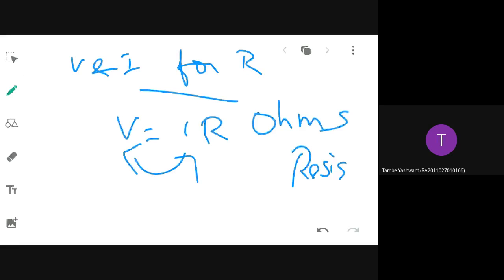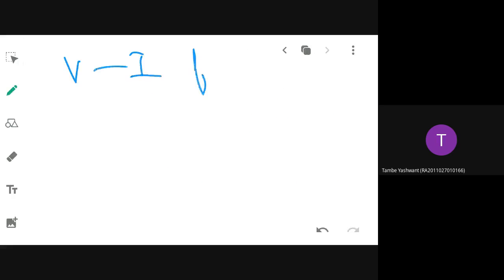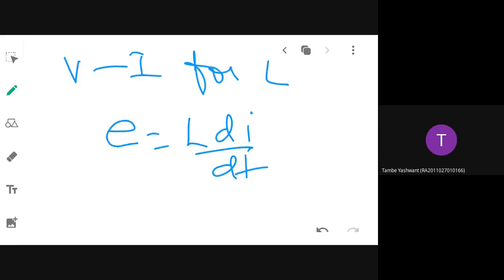Suppose, on the other hand, you want to relate V and I for L, then what is the relationship? This might be asked in MCQs. Have you heard of the formula E is equal to minus L di by dt, in physics class? So this is current, this is voltage.